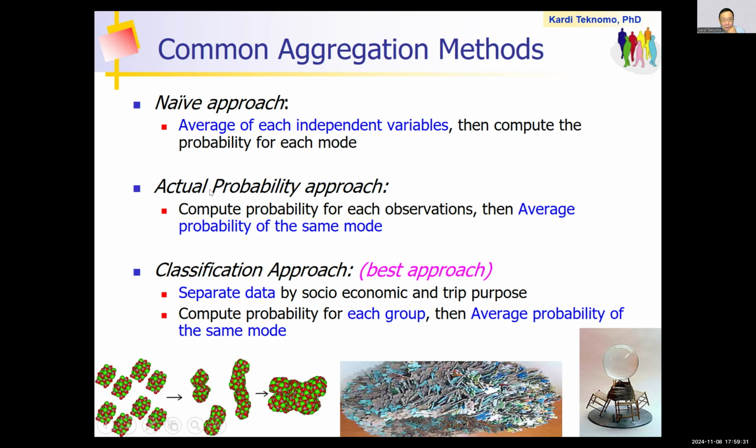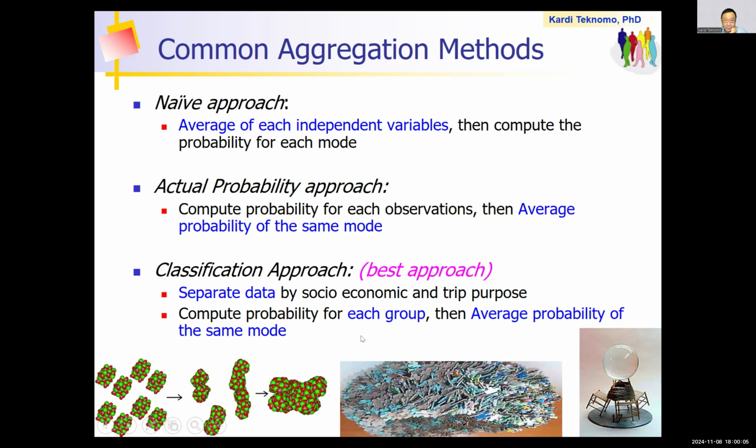Another approach, the actual probability approach, is to compute the probability for each observation, which is each row, and then you take the average probability of the same mode. But the better approach, or the best approach, is actually to separate first. You separate the data by socioeconomics and trip purpose, and then you compute the probability for each group, and then you take the average probability like the second approach.